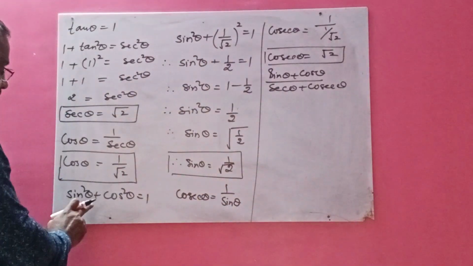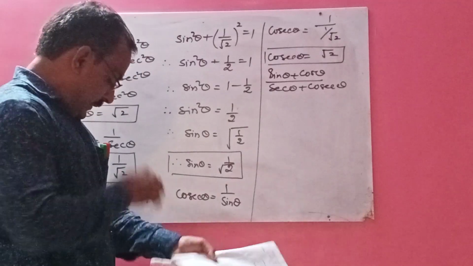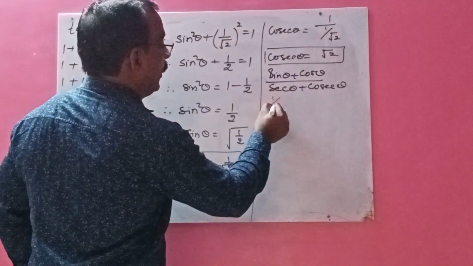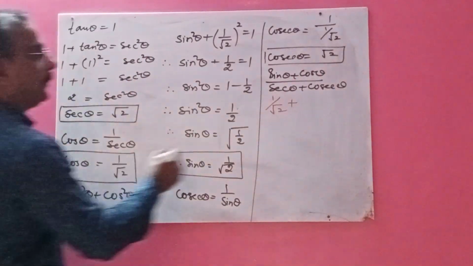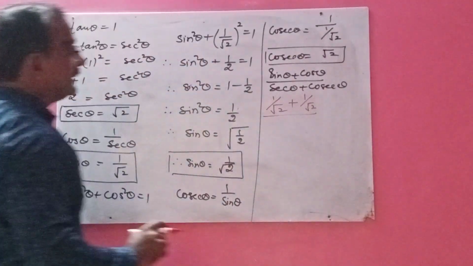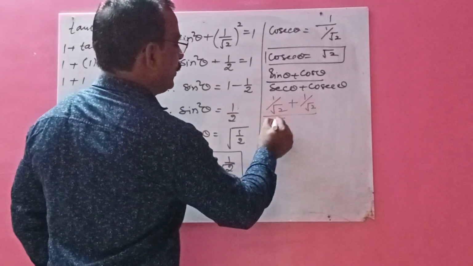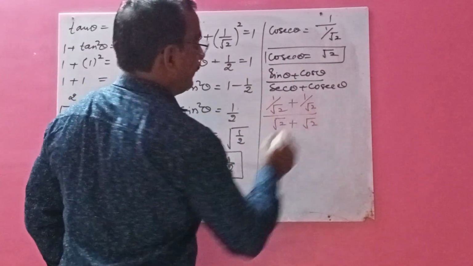Sine theta we have here 1 upon root 2, so write 1 upon root 2 plus cos theta, that is also 1 upon root 2, upon sec theta, which we have here as root 2, plus cosec theta, also root 2, children.